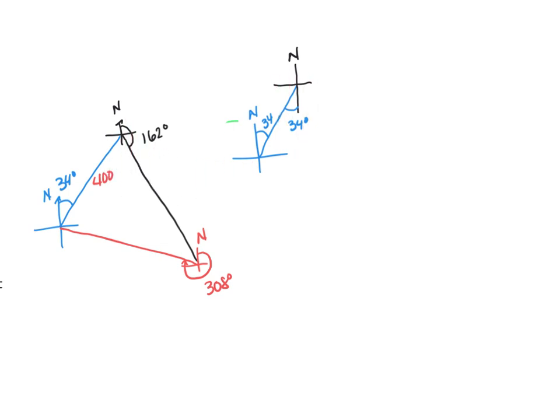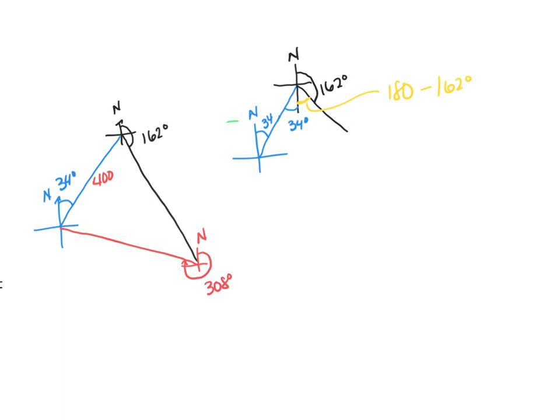Then I know that since I'm coming out at 162 degrees, that angle has to be subtracted from 180. So it's going to be 180 minus 162 degrees.